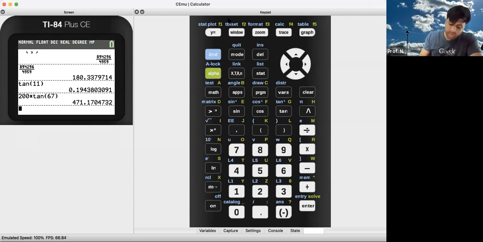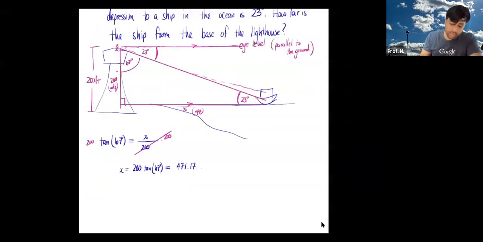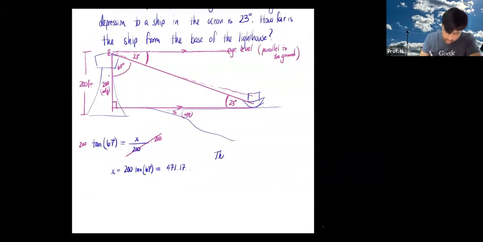And so then I say that the ship is roughly 471 feet away from the base of the lighthouse.